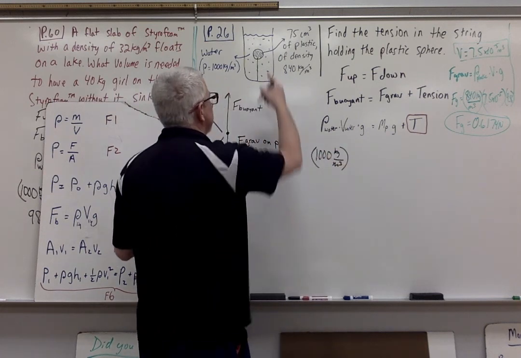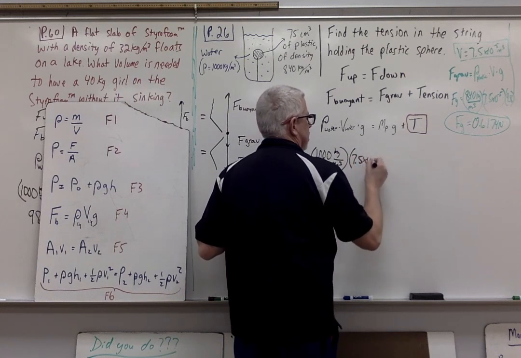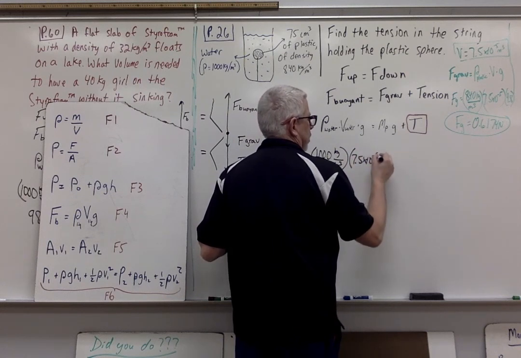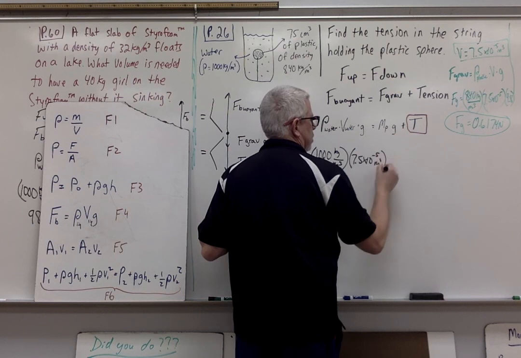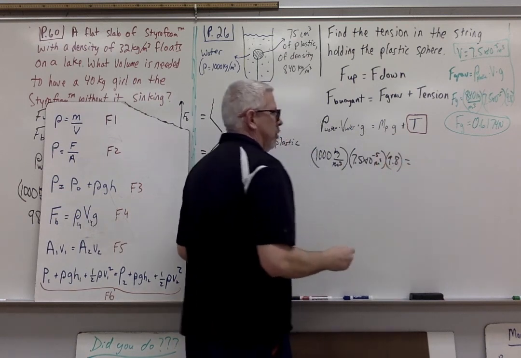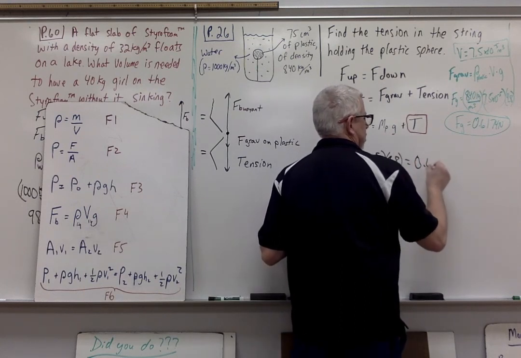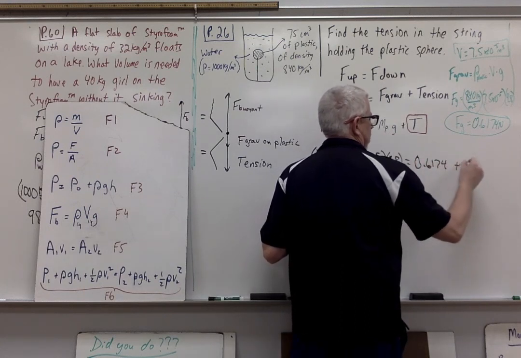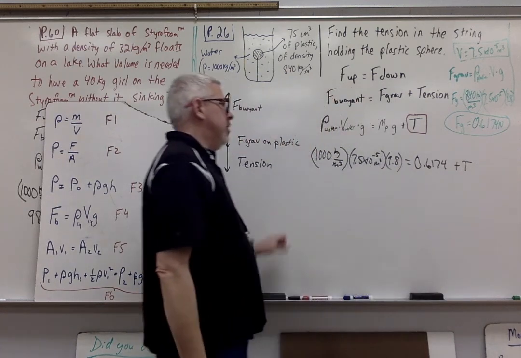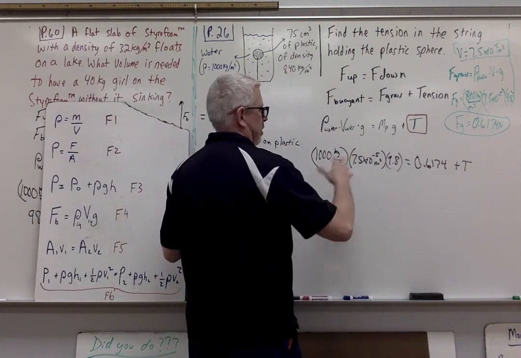Volume is the same because it's completely submerged. 7.5 times 10 to the negative 5th cubic meters, times 9.8, equals this, which I came up with is 0.6174 plus tension.